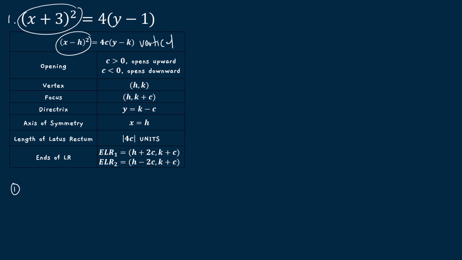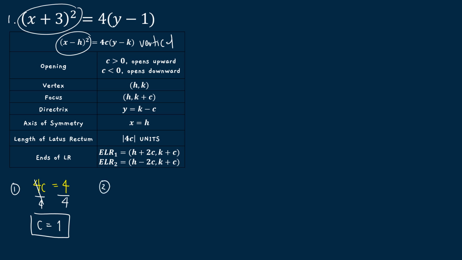On our step 2, we need to solve for the value of C because it will tell us the opening. To get that, we use 4C, which is equal to 4, then divide both sides by 4 to get the value of C, which is equal to 1. Okay, that's the first one.